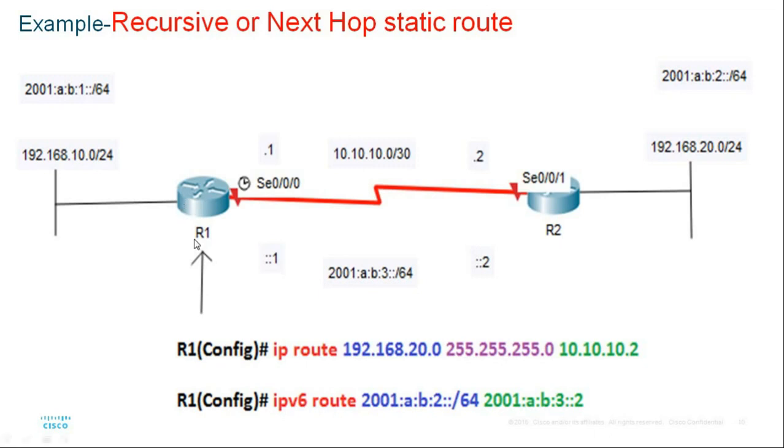Now coming back, I am at R1 and I want to reach this network. We have only one remote network, so I will write only one static route. See the configuration.